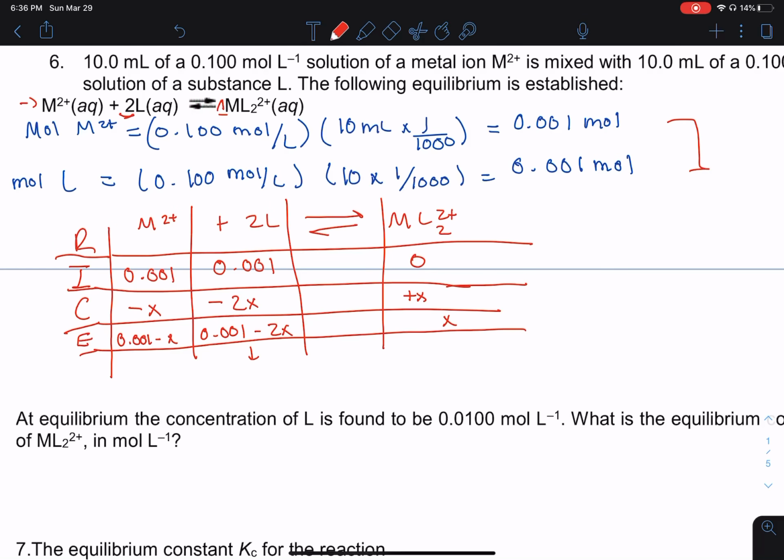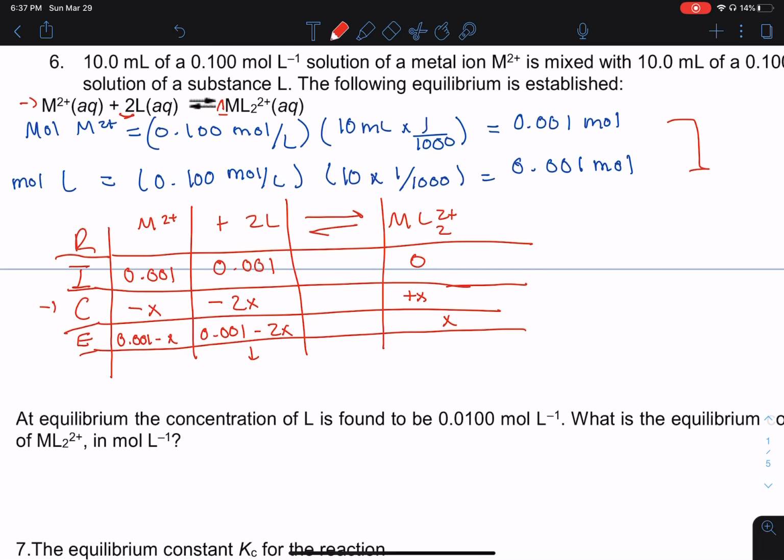It still hasn't been formed yet. And then we reach the second part, which is C, and that means change. Basically, that's how the reaction proceeds and the degree to which they form or degrade.